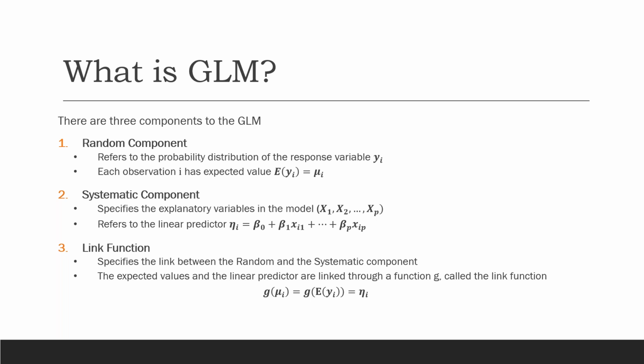So GLM has three components. The first component refers to the probability distribution of the response variable. For example, normal distribution for y in linear regression. Now, for each observation i, we have the expected value mu i as per the distribution.